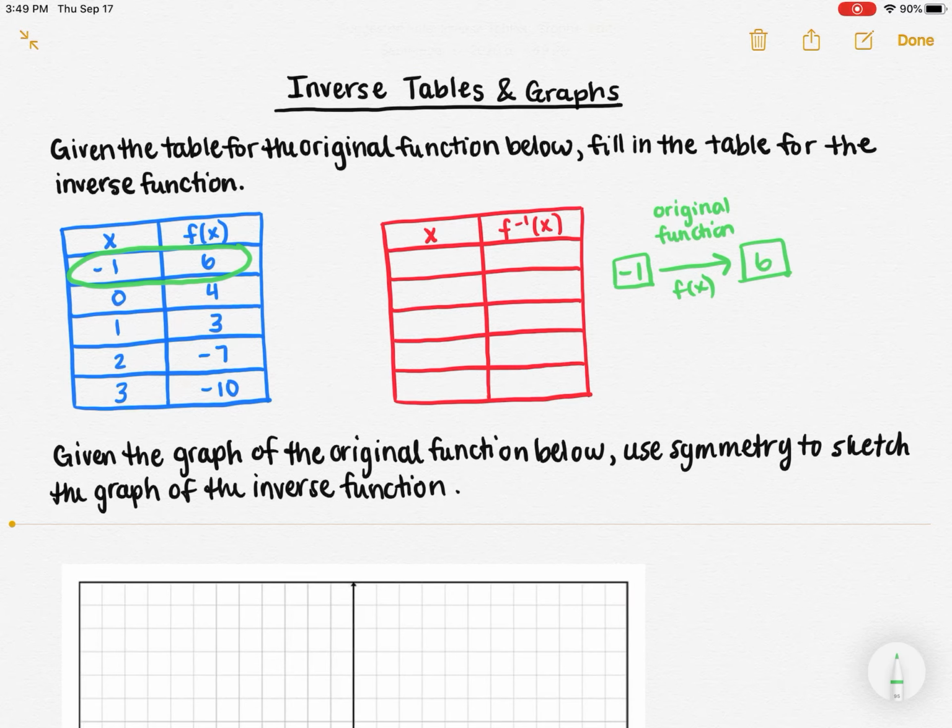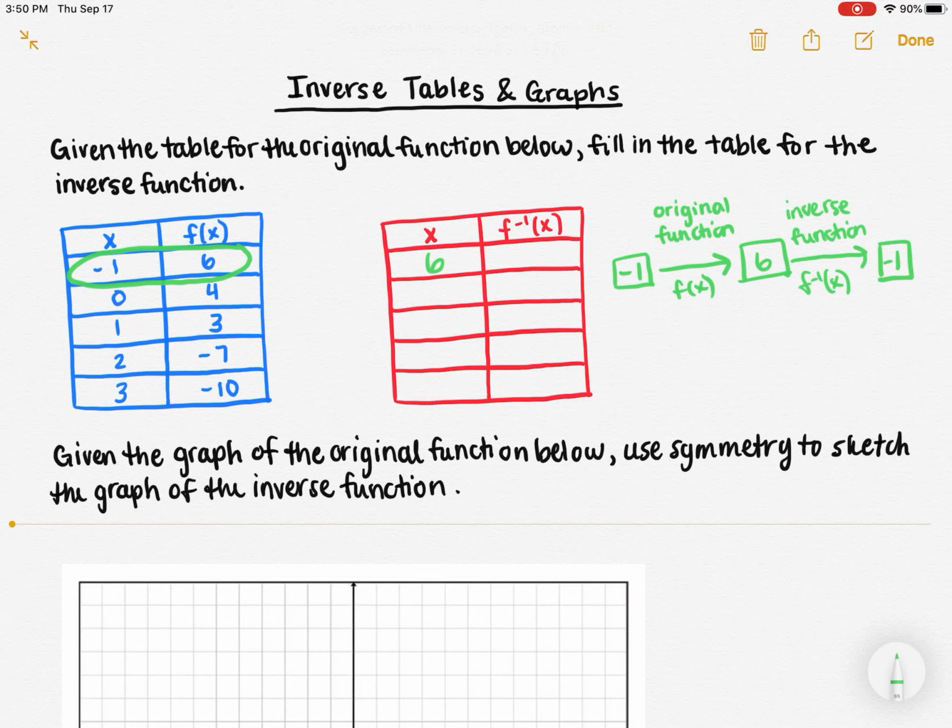Now, let's think about what would happen if we took 6 and made it the input for our inverse function. So now I'm taking 6 and I'm putting it into my inverse function. And because the inverse function is undoing the steps from the original function, it should give me back my original input from the beginning, which is -1.